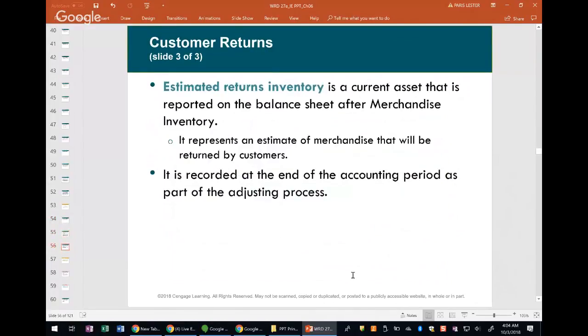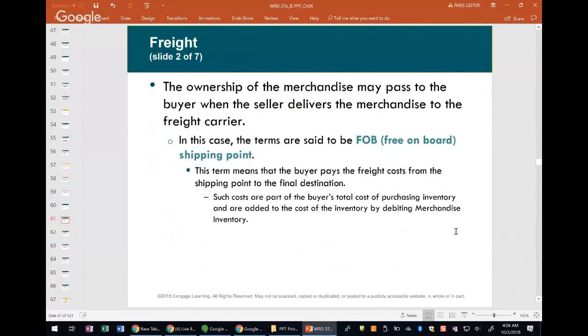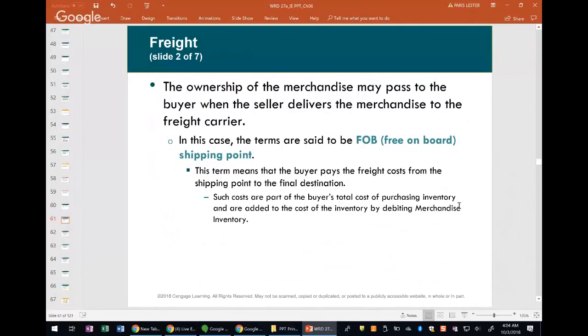When merchandise is returned or what have you. All right, just flying through it. Freight, we're going to talk about freight on merchandise. Usually you have to add it to the cost of it. We'll learn what FOB shipping point is, free on board. Want to mention that real quick, means that the buyer pays the freight charges from the shipping point.